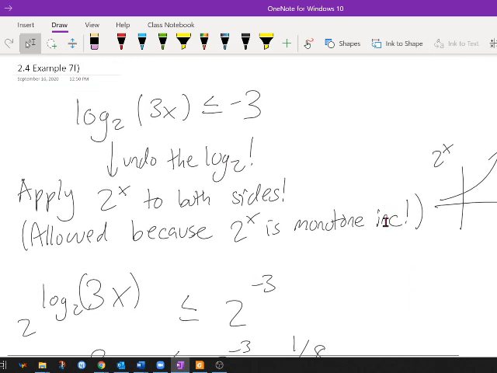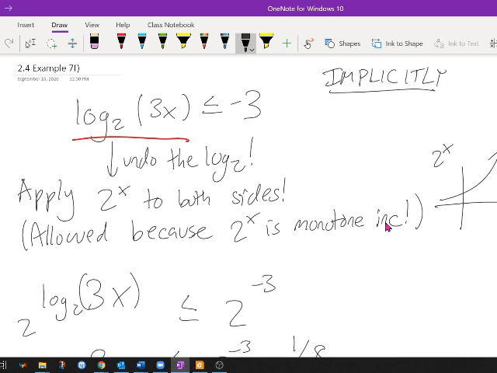And the thing we have forgotten comes from this original thing, and that is log 2 implicitly, without saying it, 3x must be bigger than 0. And this is hidden inside the log 2 because the log function has a domain of positive numbers.